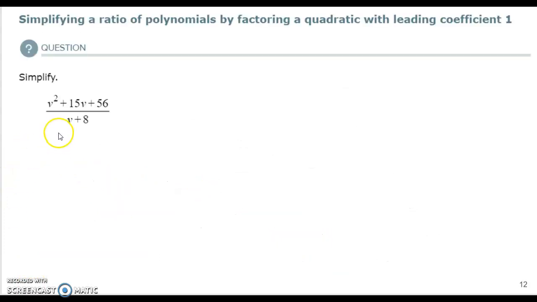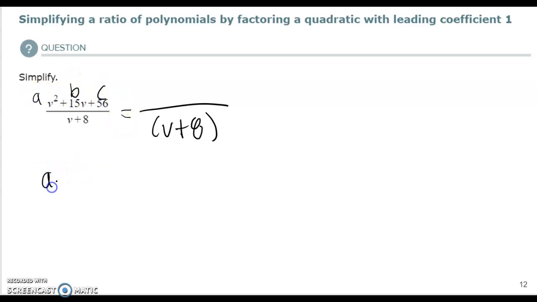Okay, so I have this problem here. I cannot simplify my denominator anymore because it is already a linear expression, but I can simplify my numerator. Here's my a, b, and c, so I'm going to do an AC tree.